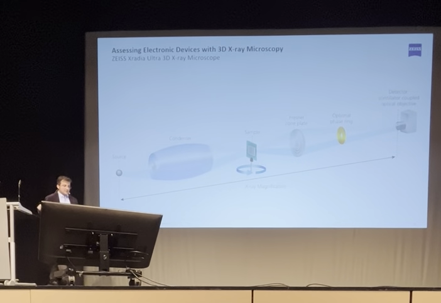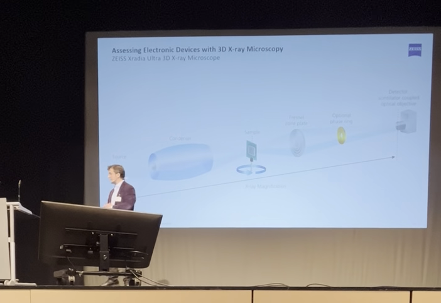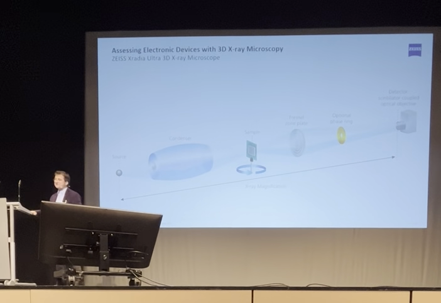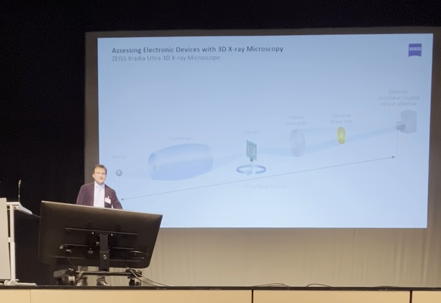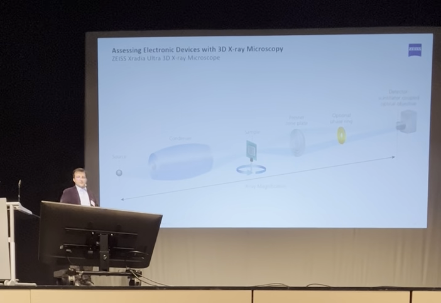If you are still not satisfied with 500 nanometers spatial resolution, there are other ways to push the resolution down to even 50 nanometers with other types of 3D X-ray microscopes such as the Ultra, which use Fresnel zone plates and other optical X-ray elements.